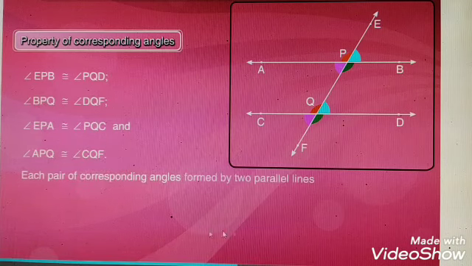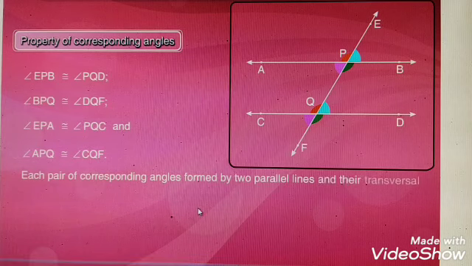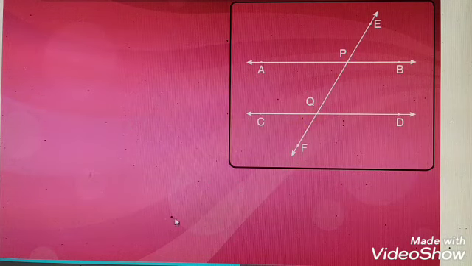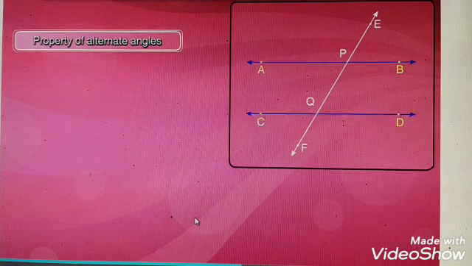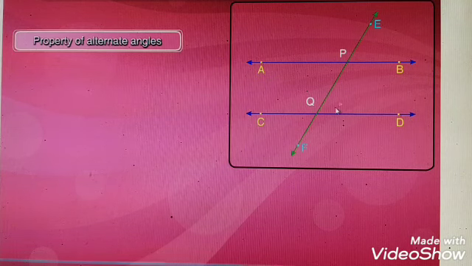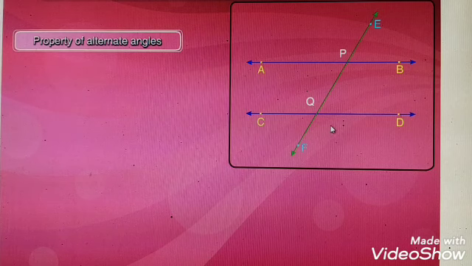Now we can see that each pair of corresponding angles formed by two parallel lines and their transversal is a pair of congruent angles. Now let's see the second, that is the property of alternate angles. Same, two parallel lines are given and one transversal is intersecting at points P and Q respectively.